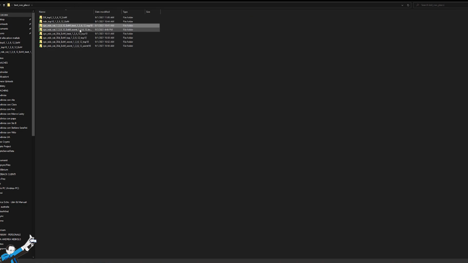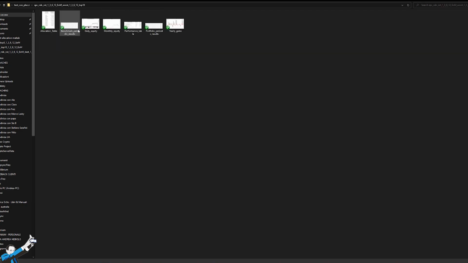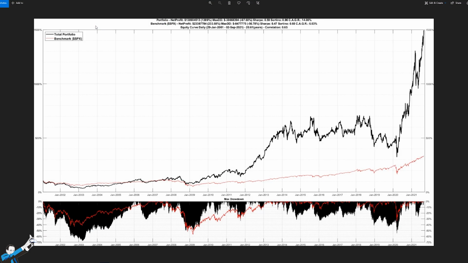And we can do the same, but choosing the worst index to determine which basket we will consider for the stock picking. And here we have the results.